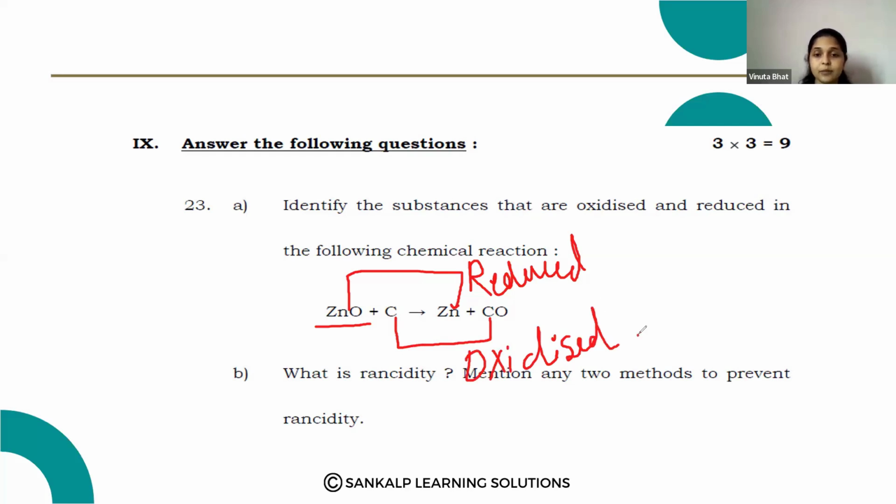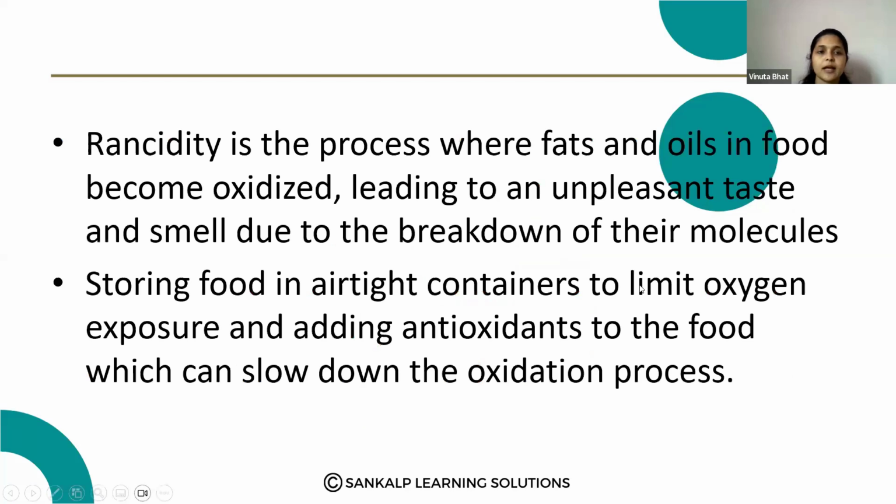What is rancidity? Mention any 2 methods to prevent rancidity. Rancidity is the process where the fats and oils in food become oxidized and lead to unpleasant taste and smell due to the breakdown of their molecules.